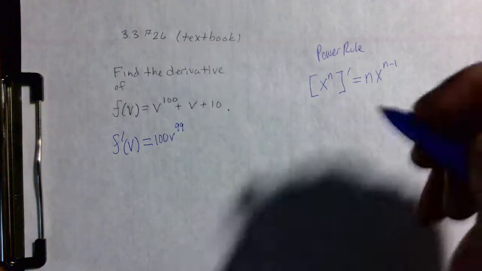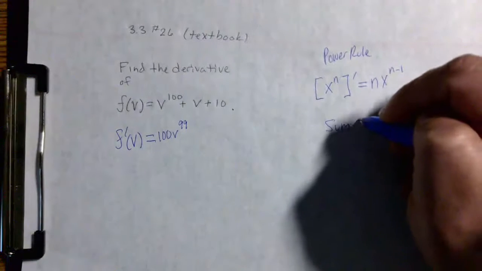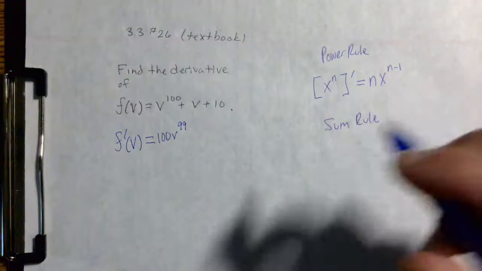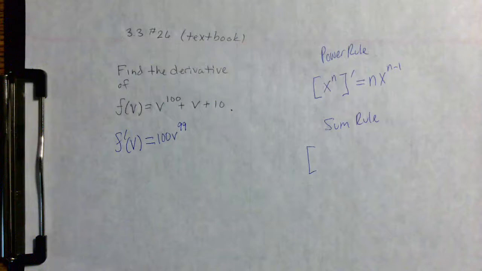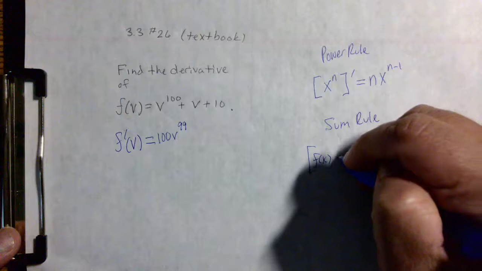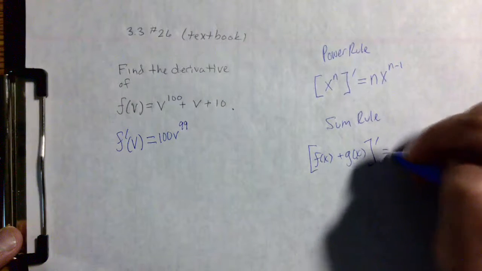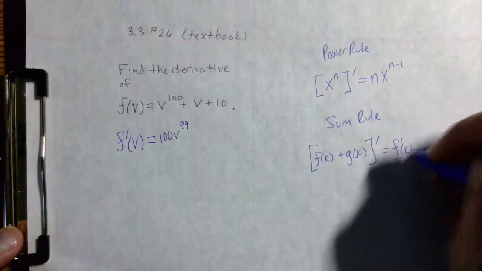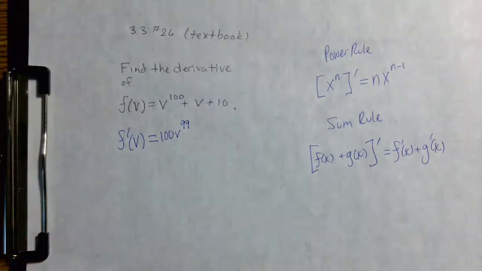Okay, now, I didn't mention this before, but the sum rule says that if you have a sum of two functions, let's say f of x, g of x, and you take that derivative, you get the sum of their derivatives.